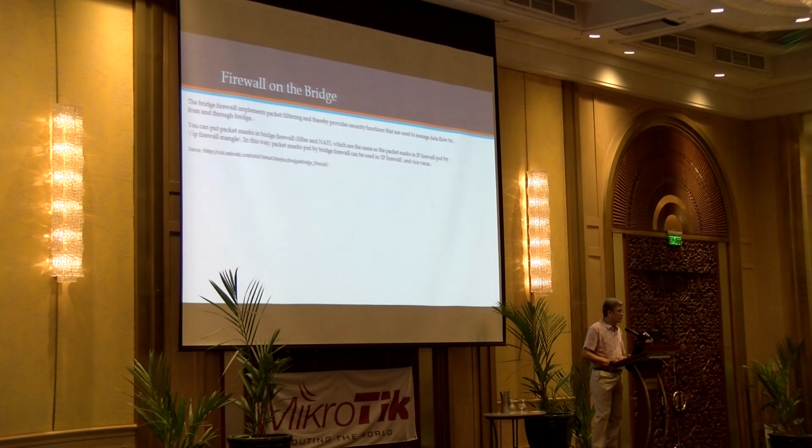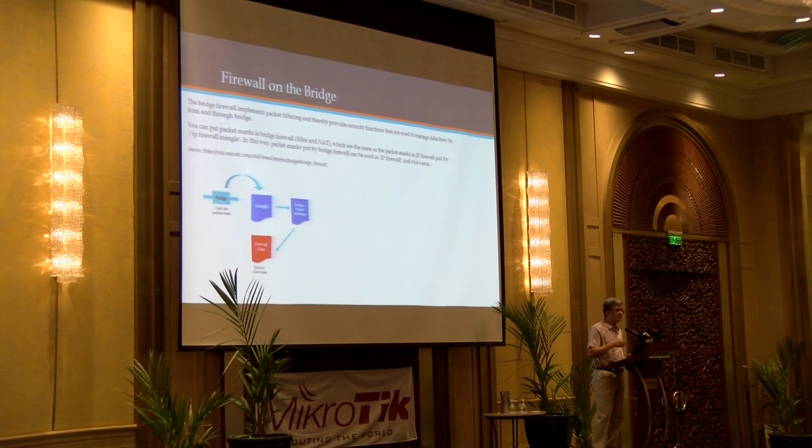So basically, this is what is going to happen. You have the bridge, you do the packet marking over there, and send it to mangle. If you need some more information to extract, further processing, you can send it back to the firewall filter, either to allow or to block.